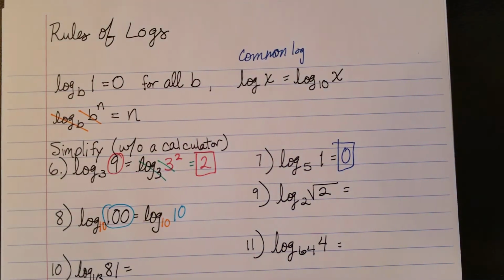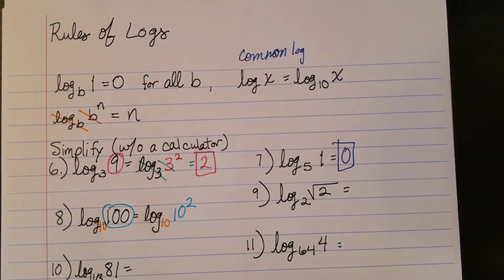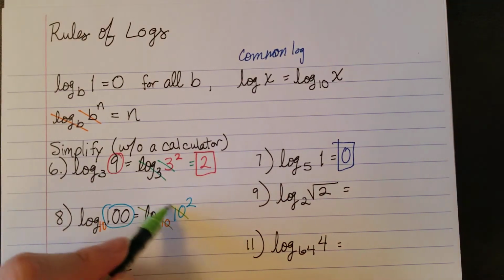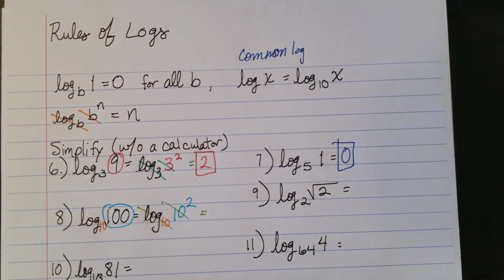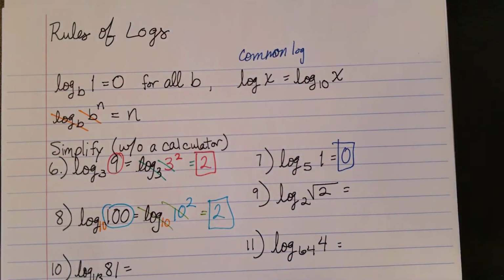Well, we know that 100 is the same thing as 10 squared. And then we could cancel out log base 10 with 10, and the final answer is 2.